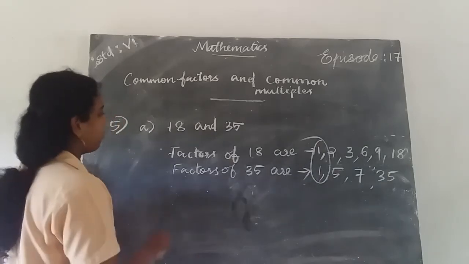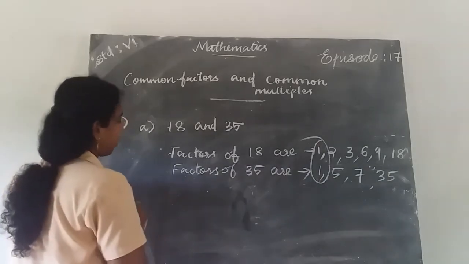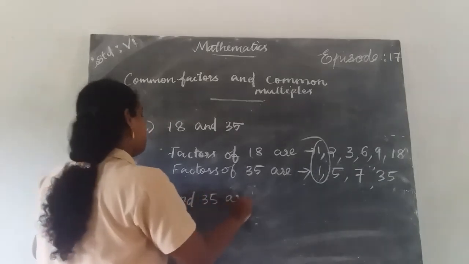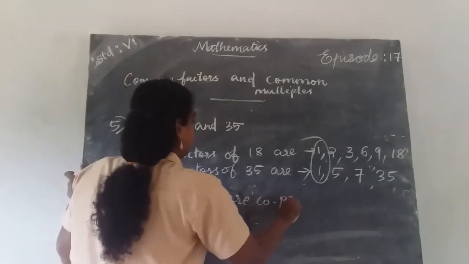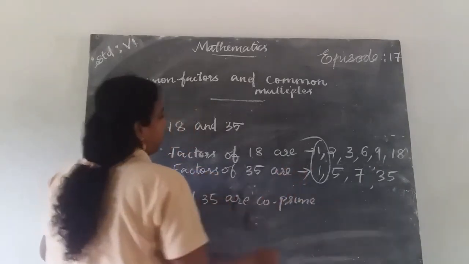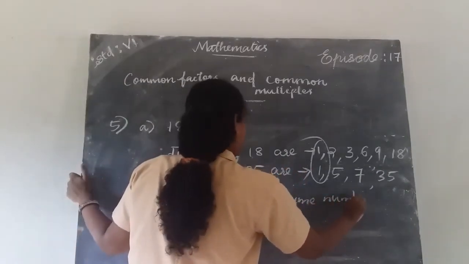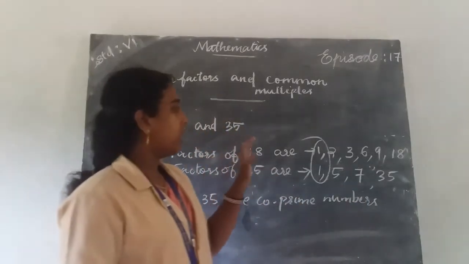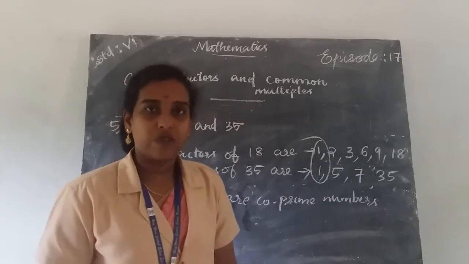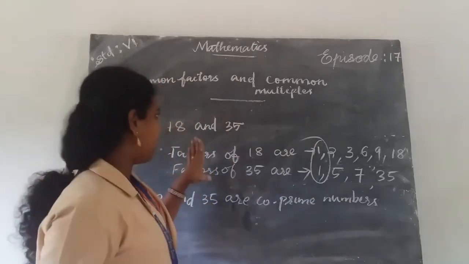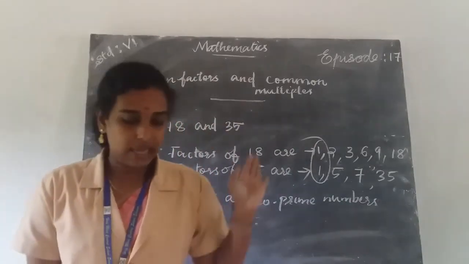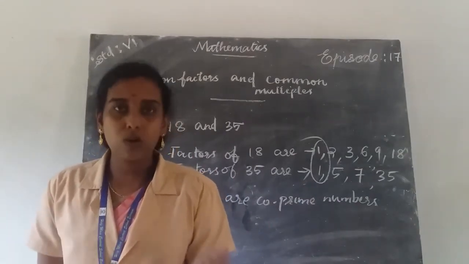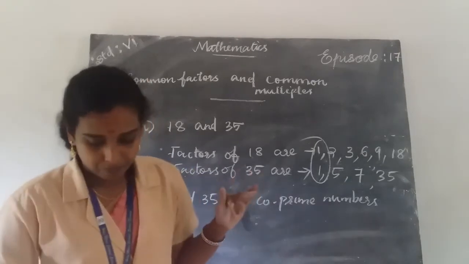So 18 and 35 are co-prime numbers because they have one as their only common factor. Like this, we can find whether the given numbers are co-prime or not.